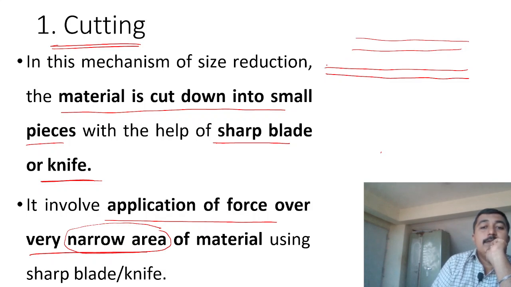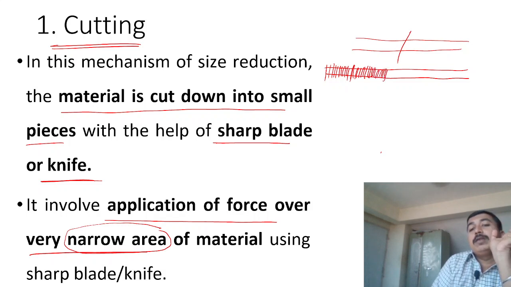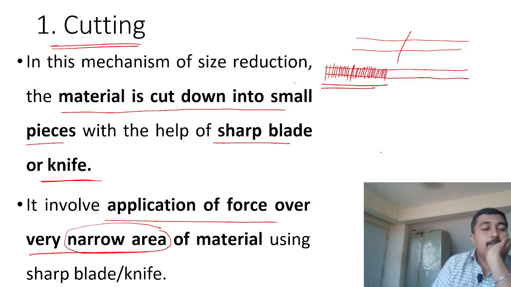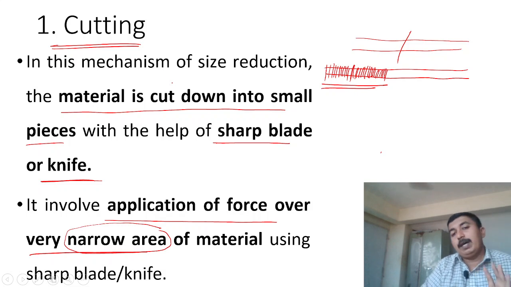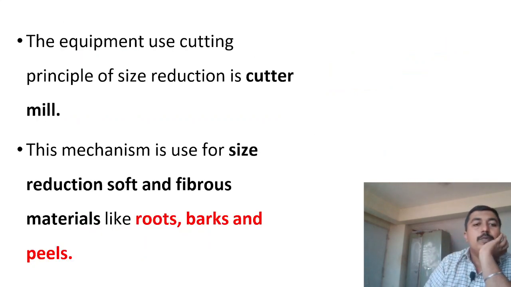Narrow area means here I should cut. Then only I will get fine pieces like this. I should not cut here. I should apply force on a narrow area like this, so that I will get fine pieces. So here force is applied on a narrow area of the material with the help of different sharp blades or knives, resulting in cutting of the material. So which equipment is utilized? The force is not applied manually. Instead of that, equipments are utilized to increase the production yield.